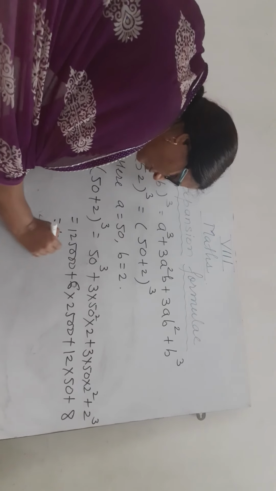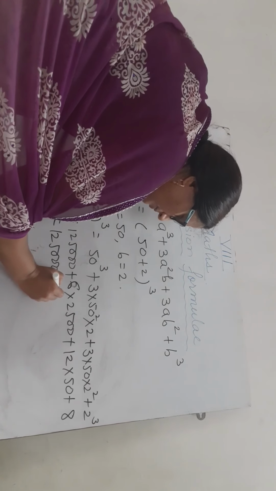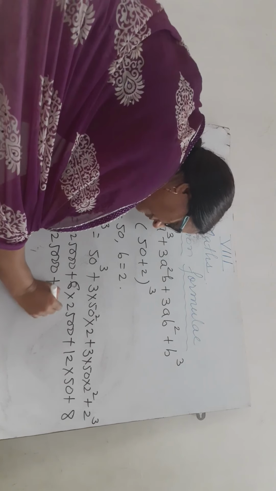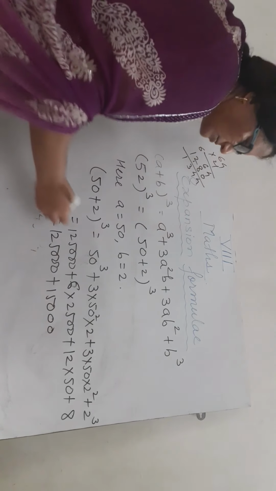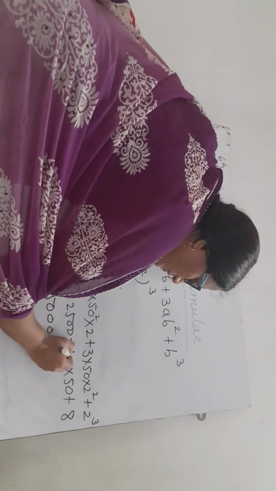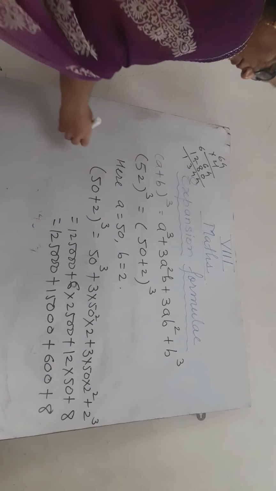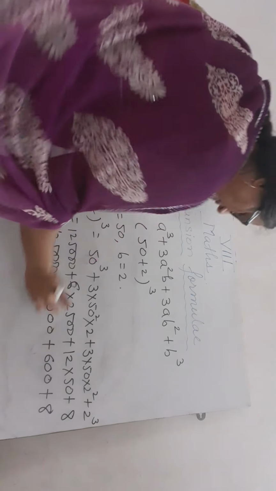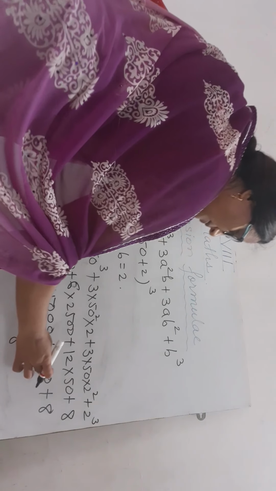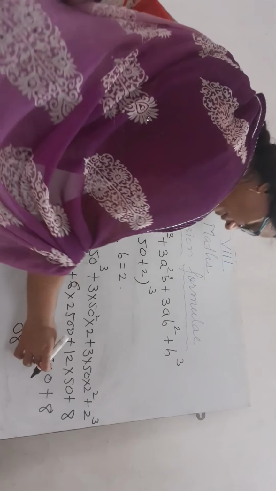Is equal to 125000 plus 15000 plus 12 5s are 60 plus 8. Take the addition of this. 8 plus 0 plus 0 plus 0 is 8. 0 0 0 is 0.